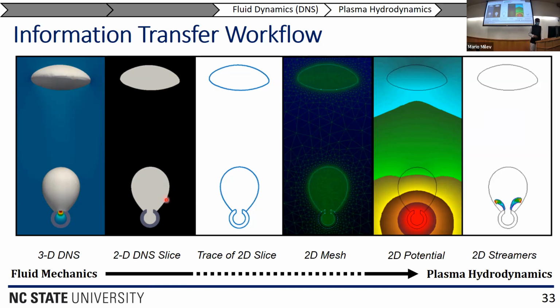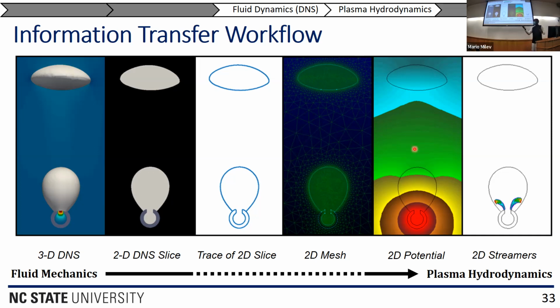And then there's a dark gray that represents the non-domain or the solid. And then you can trace that slice, create a mesh on it, and then essentially solve the equations for plasma hydrodynamics in a separate solver.